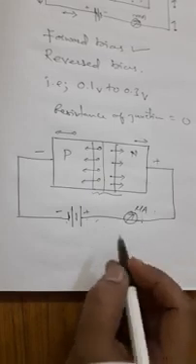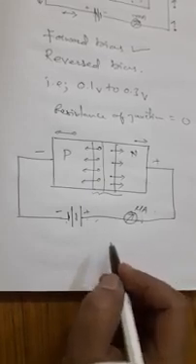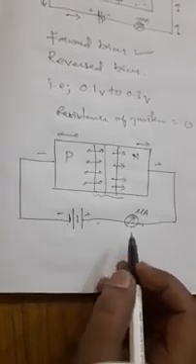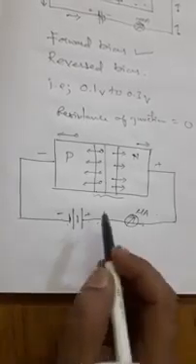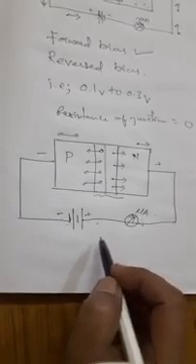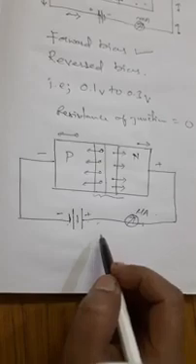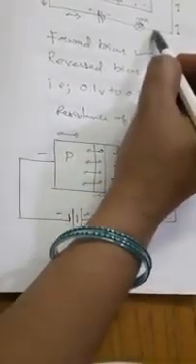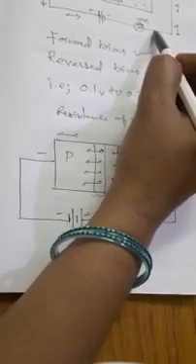Now we will talk about the conclusion of the working of a PN junction diode. From the above discussion, it is clear that a PN junction in the forward bias has a very low resistance, and the current flows in the circuit.